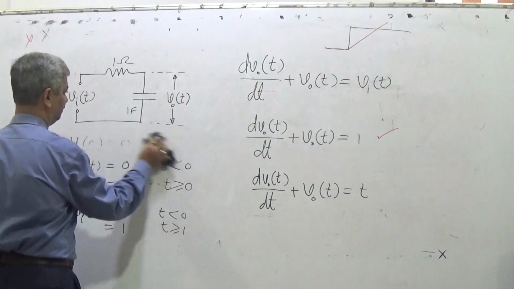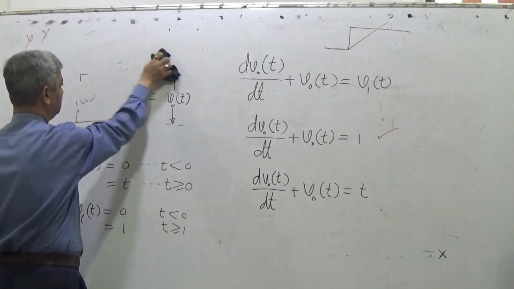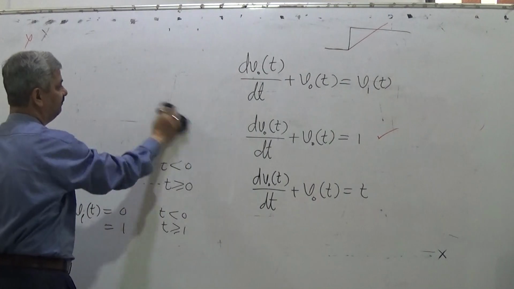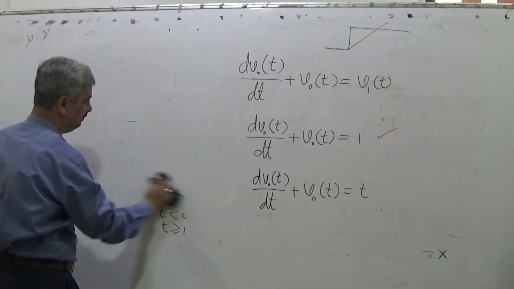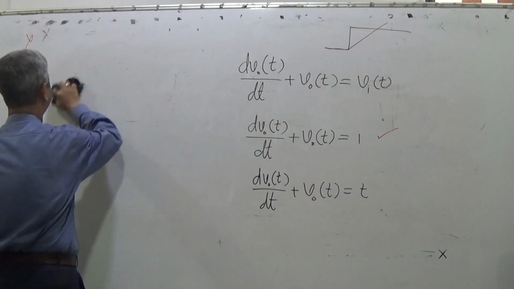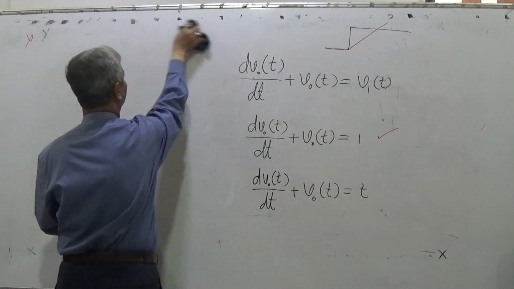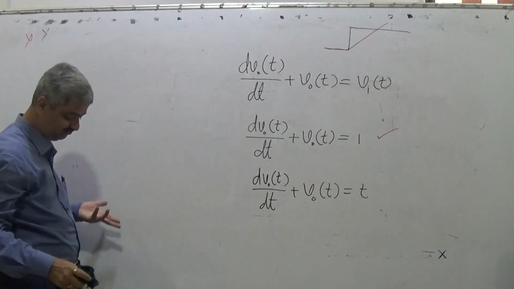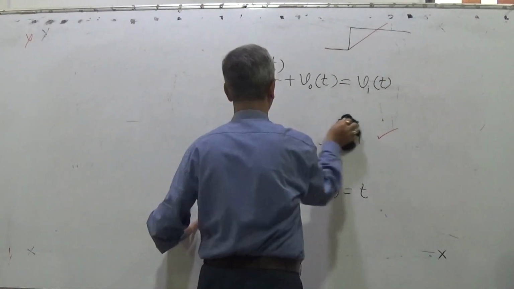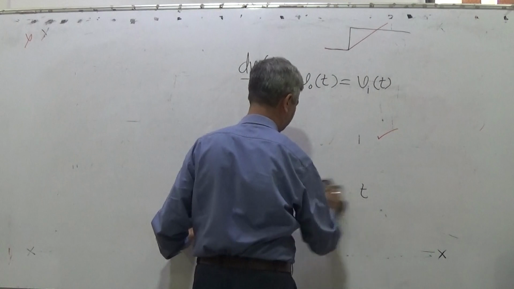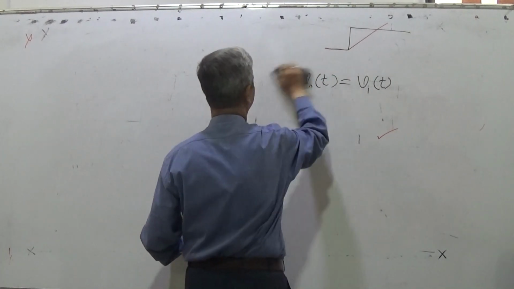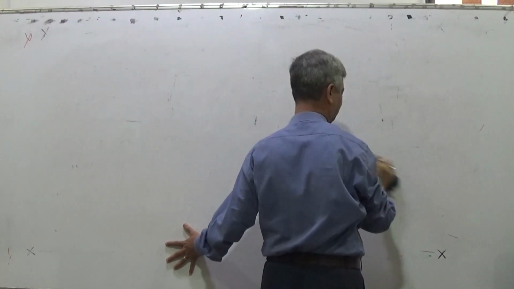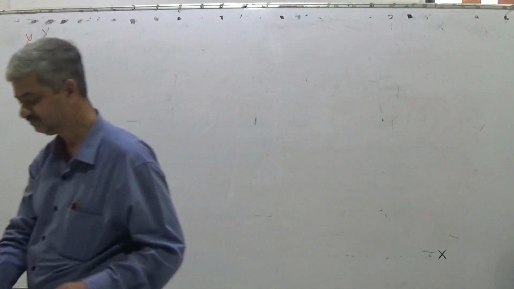I hope that the concept is very clear. We are dealing with this equation, dVOT by dt plus VOT is equal to V in t. V in t was 1 in the previous case, V in t equal to t in this case. So we want to find the answer. How do we find it?